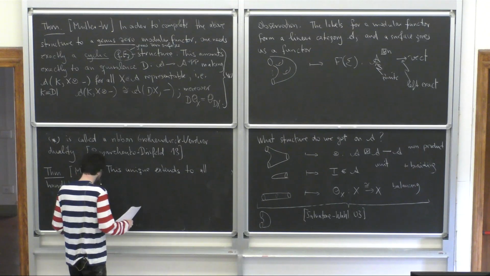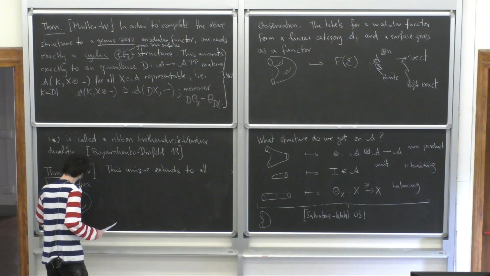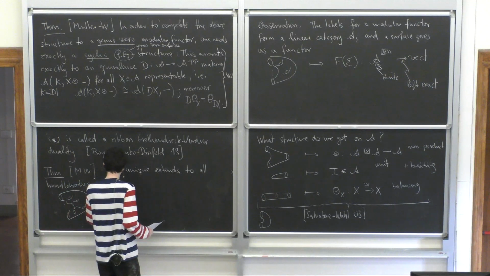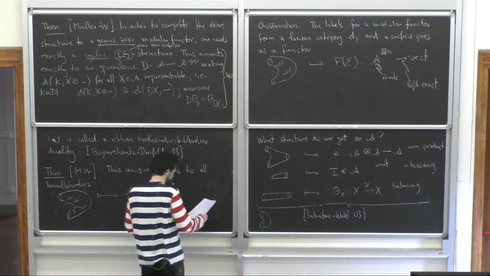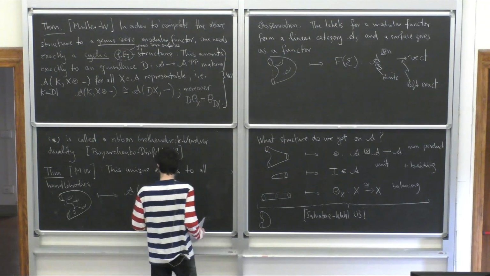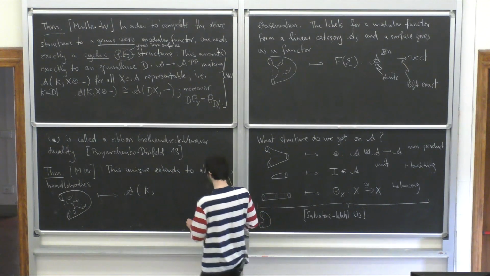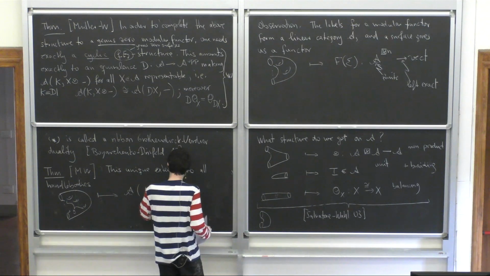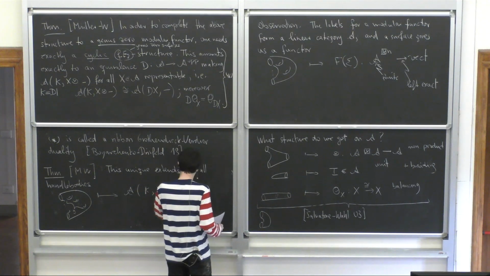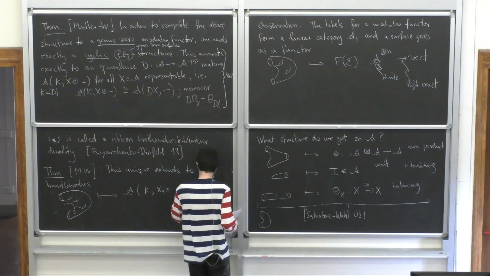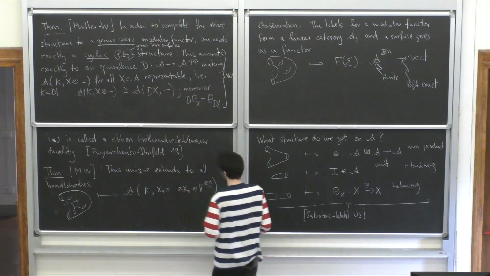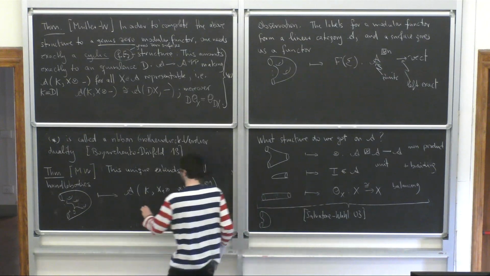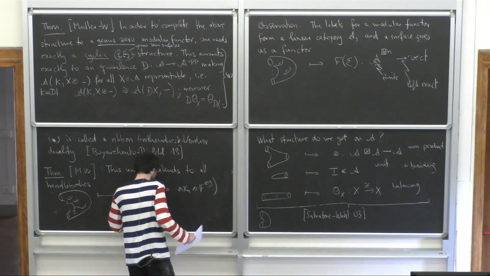This is the difference. Then you can show that this unique extension will actually send this to the following Hom space. So we will have here this object K, and then you get this, with F being the following thing.